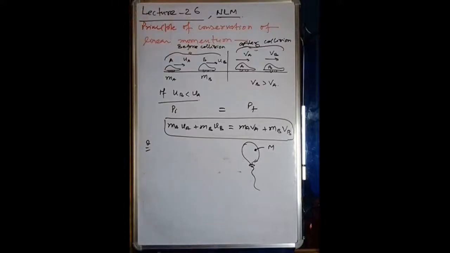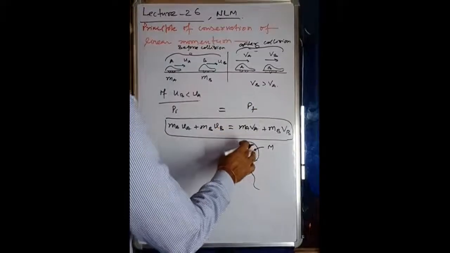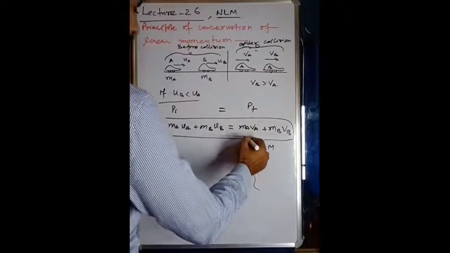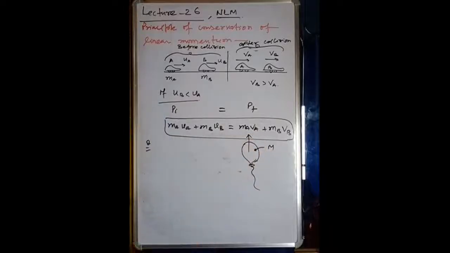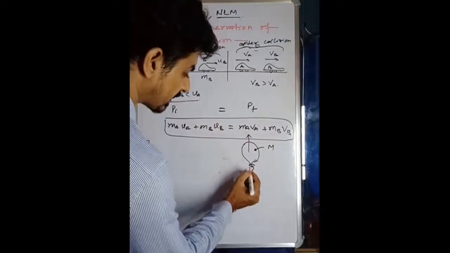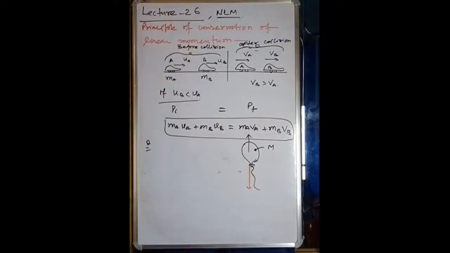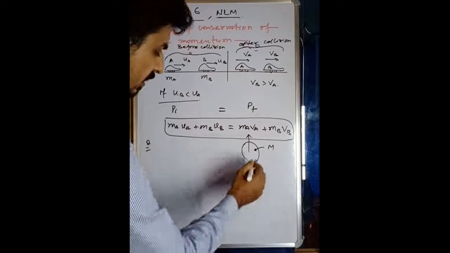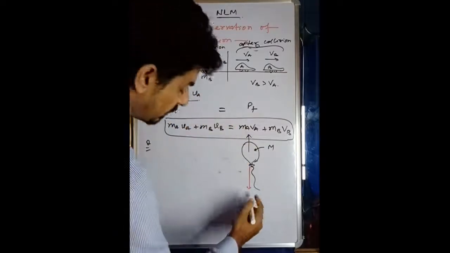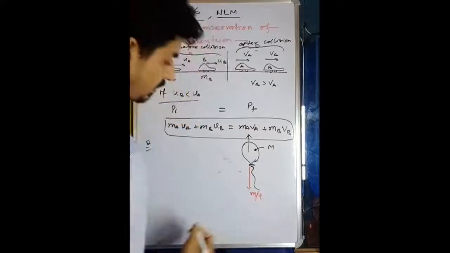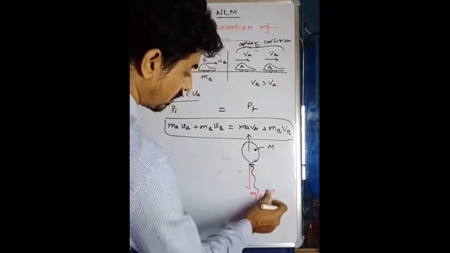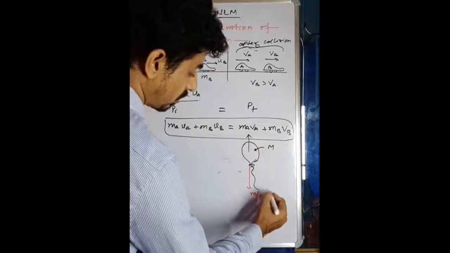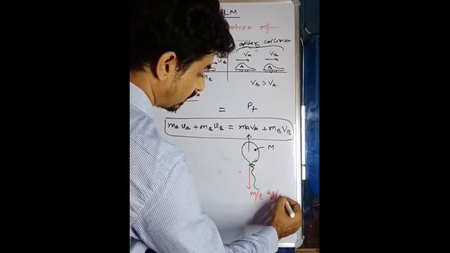By some means or method, it was moving up with a certain velocity. Here the gas starts leaking. The gas from the balloon starts leaking. The gas leaks at the rate of, suppose, m by t kg per second.